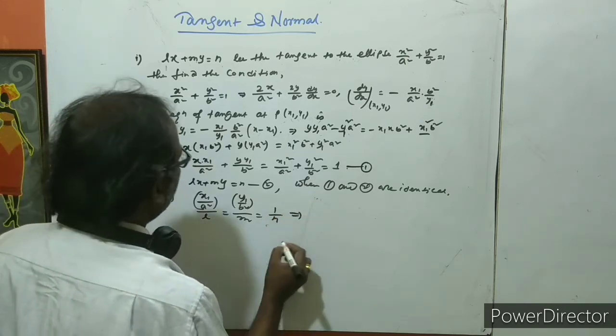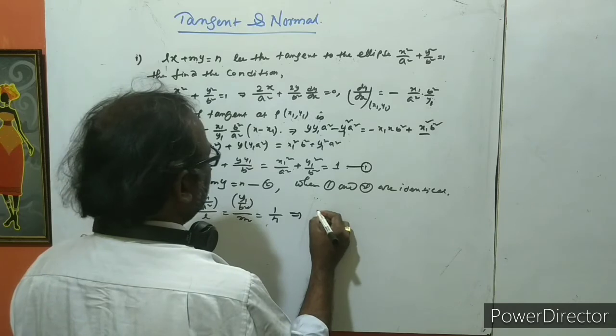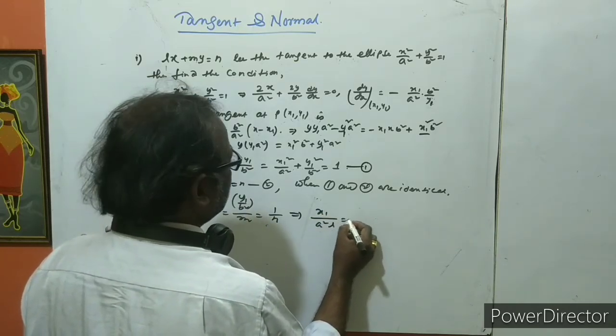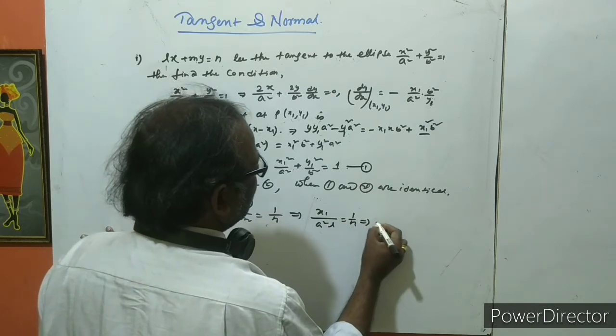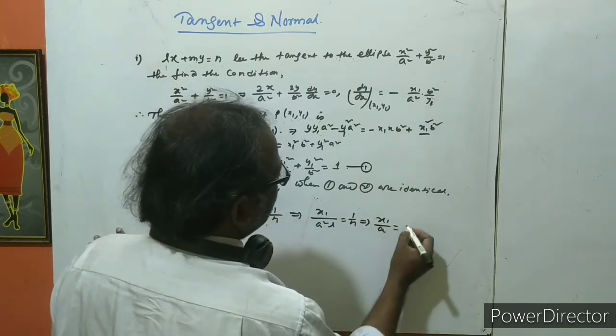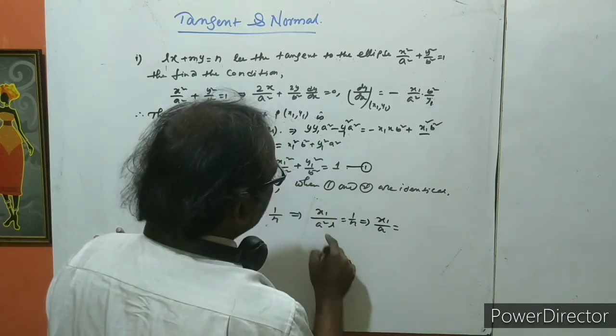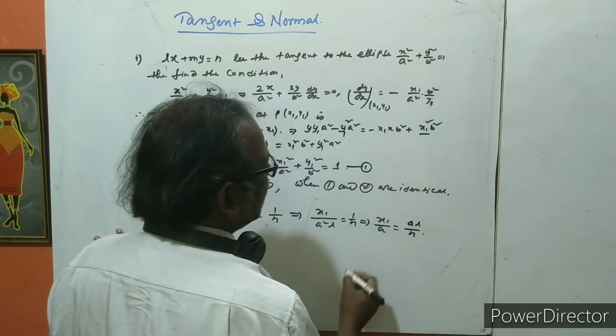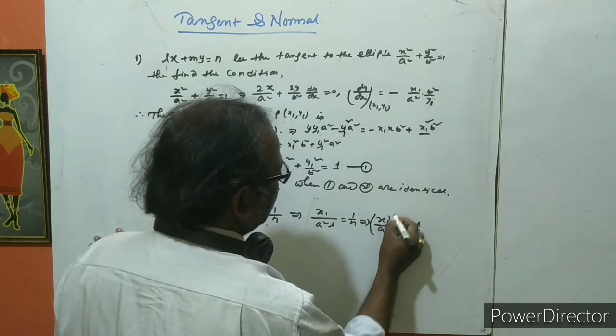So x1 by a square L is equal to 1 by n, so x1 by a is equal to aL by n. This is 3.